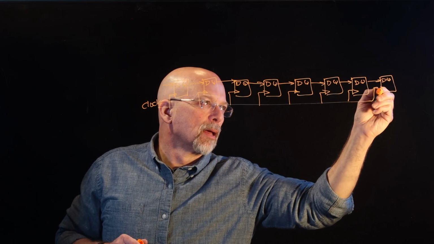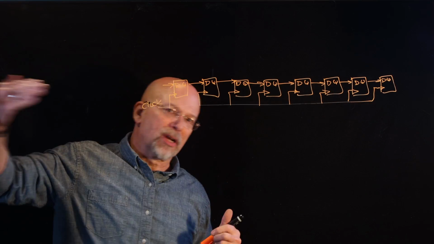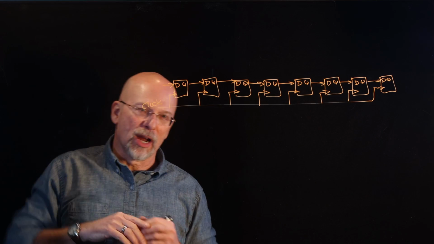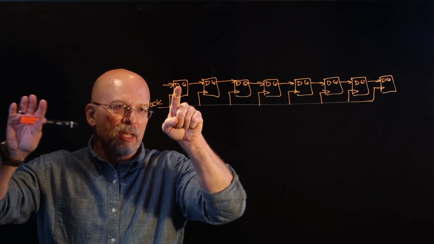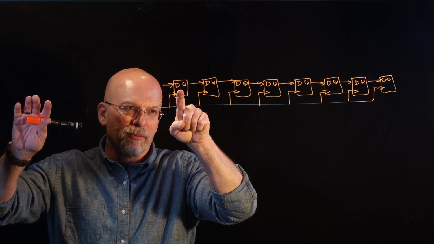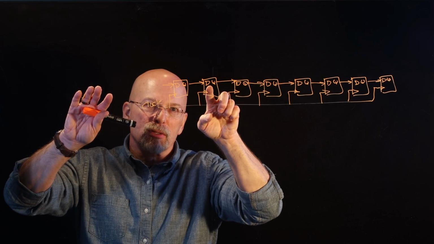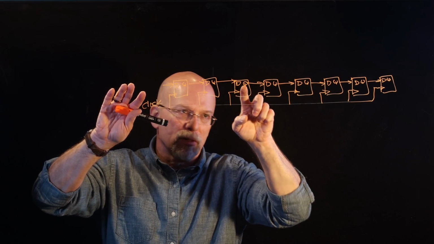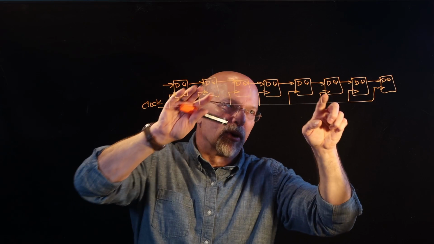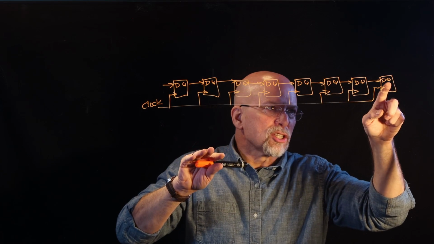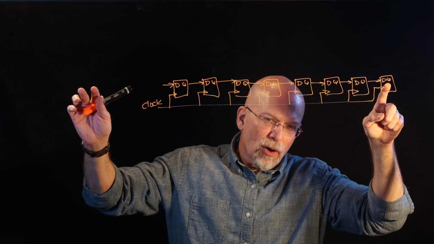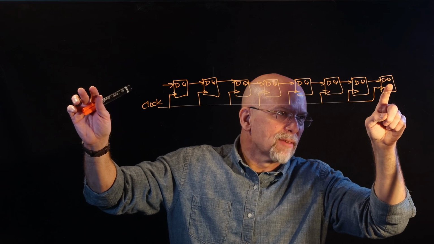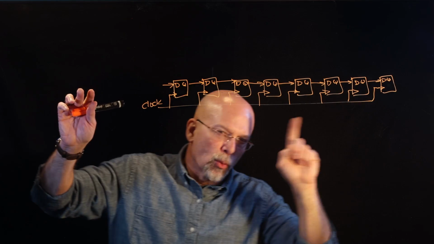All right. So imagine that our bit stream is coming in from this direction. So the first bit comes in, it goes into this first flip-flop. Then the next bit comes in, it goes into the flip-flop. And the next bit comes in, and it goes to the flip-flop. And the next bit comes in, and so forth. Until we get to the point where the first bit of our bit stream is in this most significant bit position. Now remember, what are we looking for?